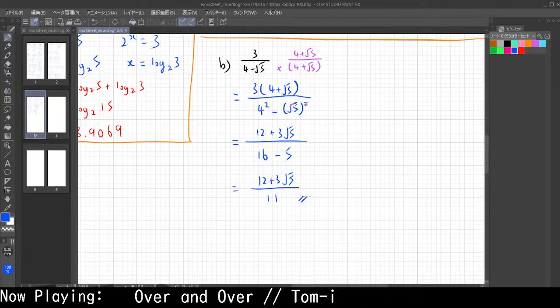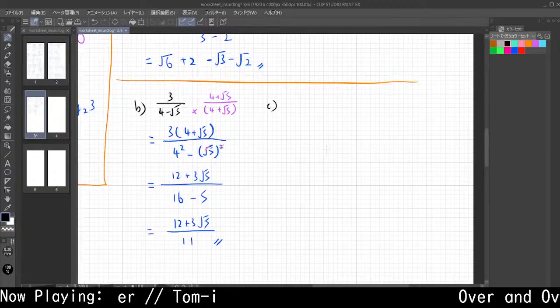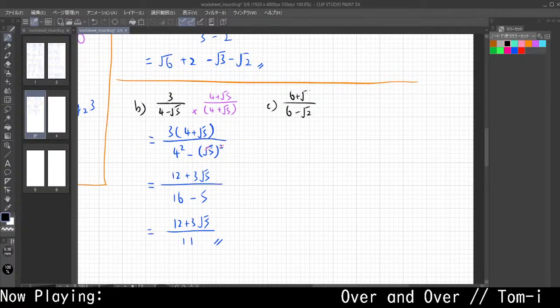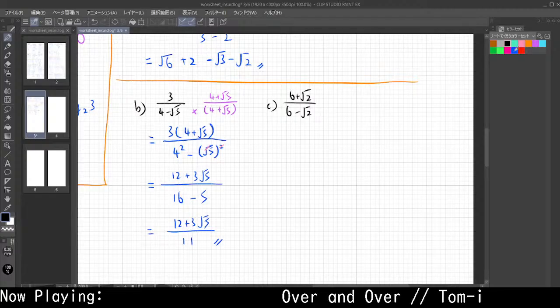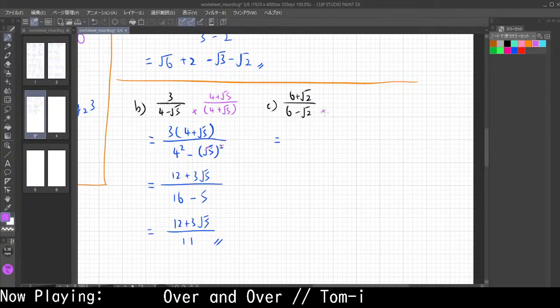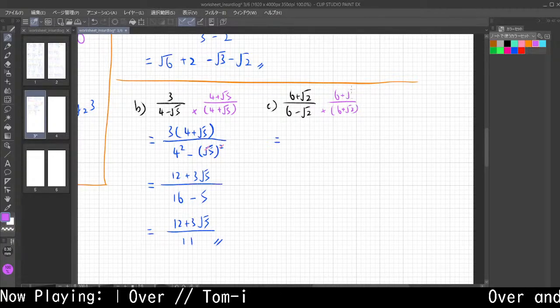Okay, then next, C we have 6 plus square root 2 over 6 minus square root 2. Okay. So same thing, you multiply both top and bottom by the same value, by the same reverse value.